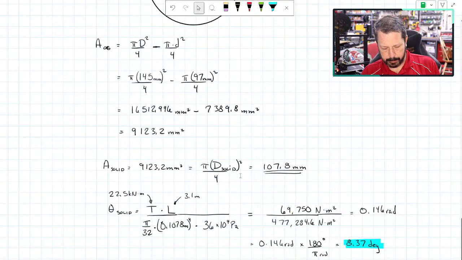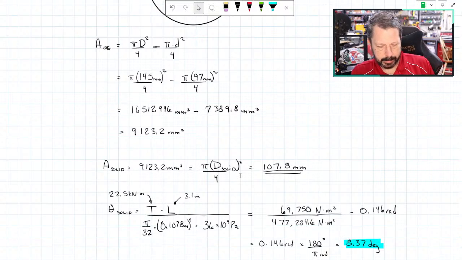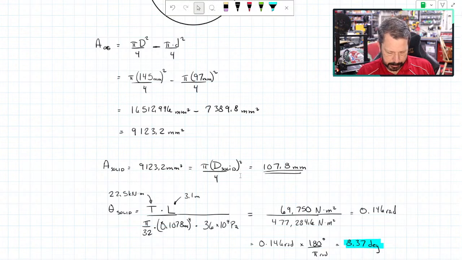So 0.1078 divided by 2, because that's the diameter, and then divided by our, oh, I didn't calculate the polar moment of inertia separately. Let's see. Alright, so divided by pi over 32 times 0.1078 to the fourth.